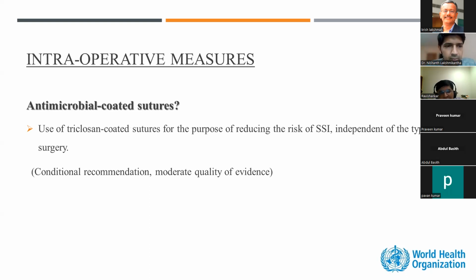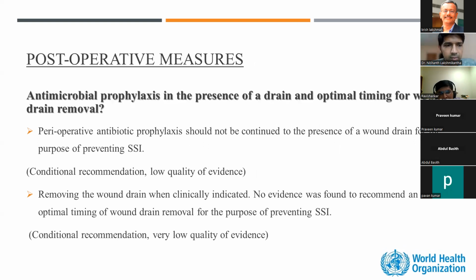It is suggested to use triclosan coated sutures for the purpose of reducing the surgical site infection, independent of the type of surgery. And there is a suggestion that perioperative antibiotic prophylaxis should not be continued because of the presence of any wound drain for the purpose of preventing surgical site infection.